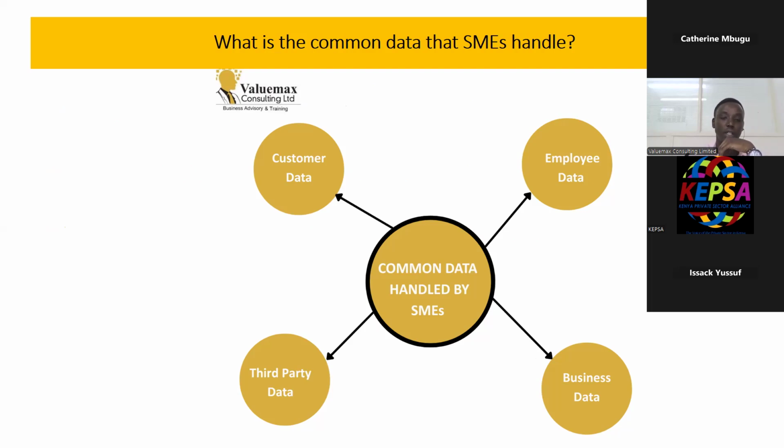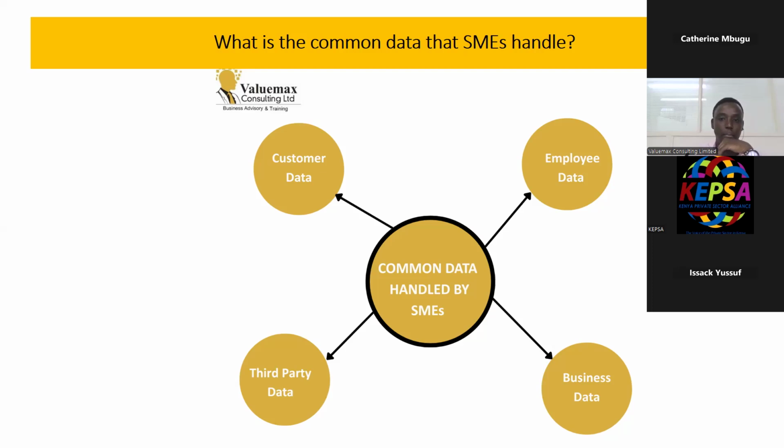Think of it as names, phone numbers, bank account details, the M-Pesa transaction details, even the contracts that you sign with the client. That is customer data, because this is data that contains very sensitive information belonging to the client.